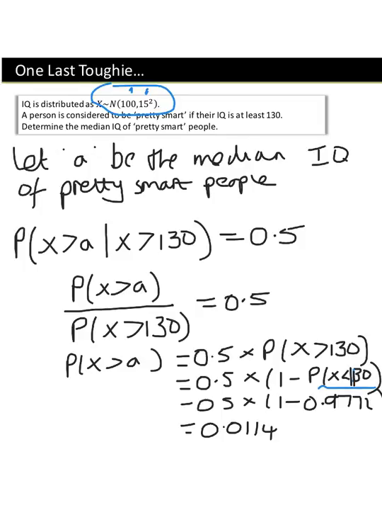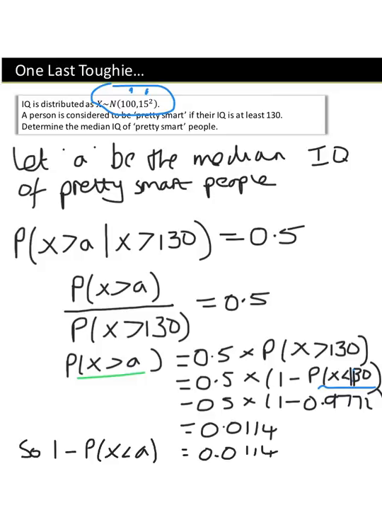So now I've worked out the probability that x is greater than A. So 1 minus the probability that x is less than A equals 0.0114.